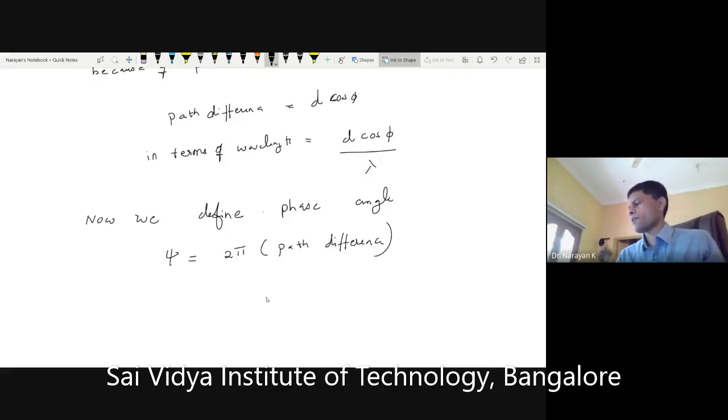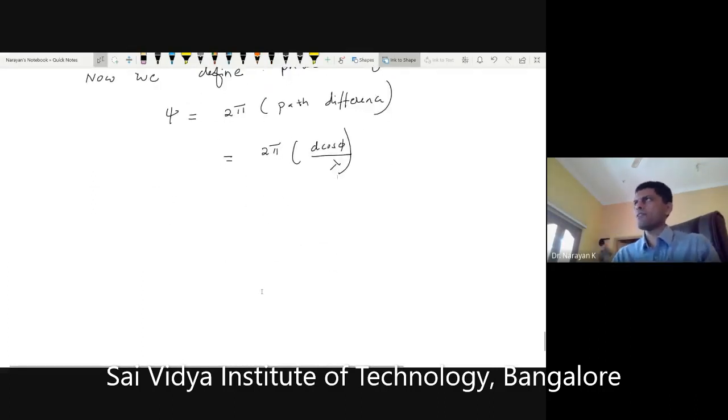So that will be your 2 pi into d cos phi by lambda. So this phase angle psi is 2 pi d cos phi by lambda radians.